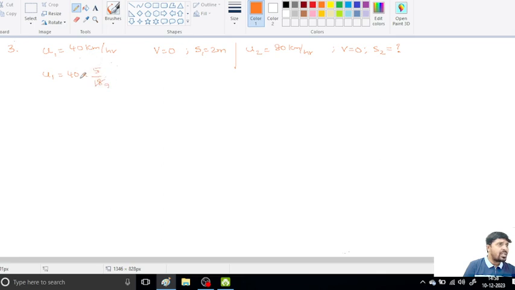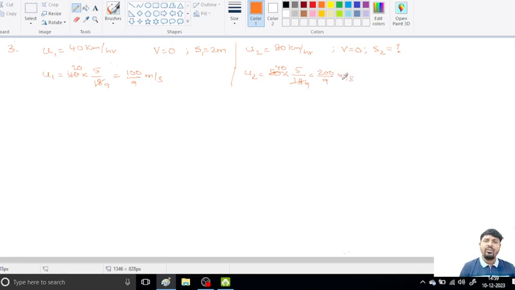This is 2 9s are 18, 2 20s are 40, which is equal to 100 by 9 meters per second. Here also we'll convert this. u2 is equal to 80 times 5 by 18, which is equal to 200 by 9 meters per second.